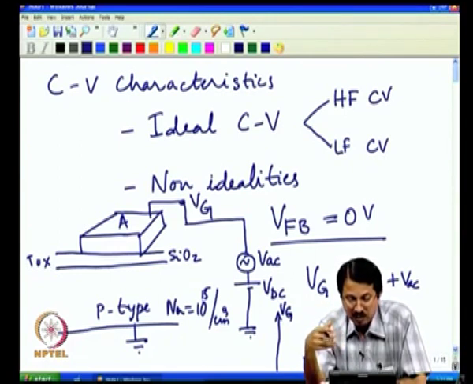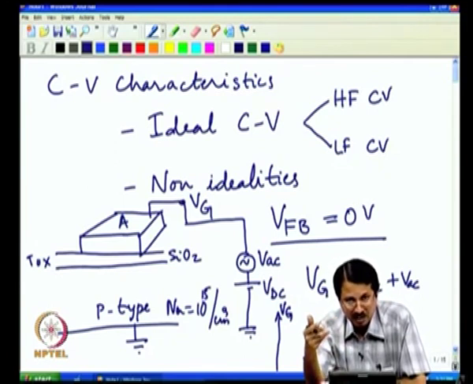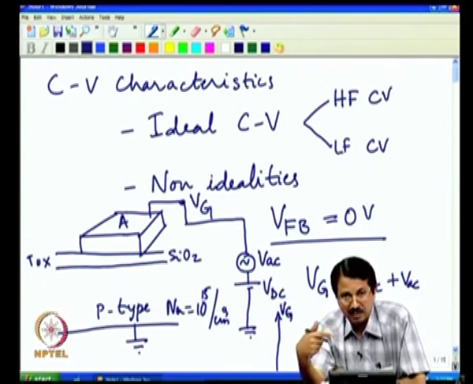The response is different simply because the charge in the semiconductor comes either from mobile charges, which could be minority or majority, electrons or holes depending on whether you are in inversion or accumulation, or from depletion charge.